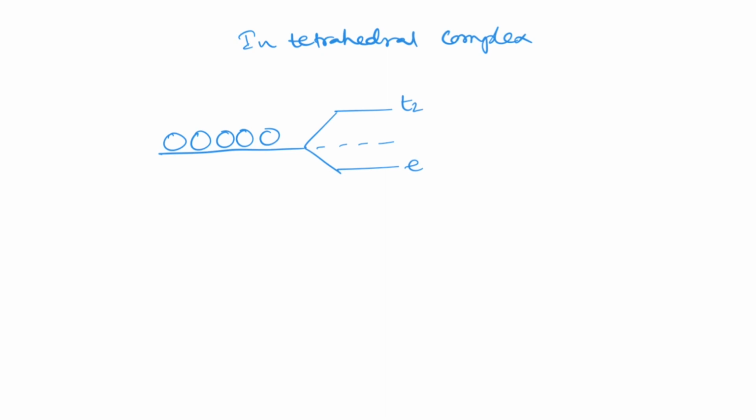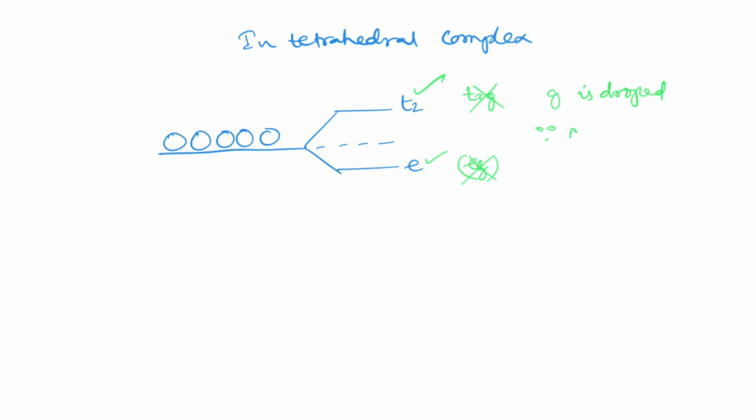Here keep in mind, writing T2g is wrong, Eg is wrong. So which is the correct representation? T2 and E. G is dropped. Why is it dropped here?